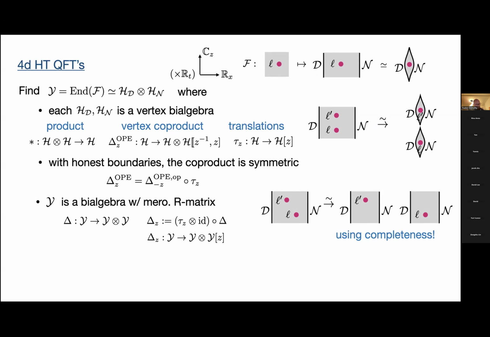I do want to point out that everything is three-dimensional here. The way I'm drawing things, there's a topological direction that's horizontal.